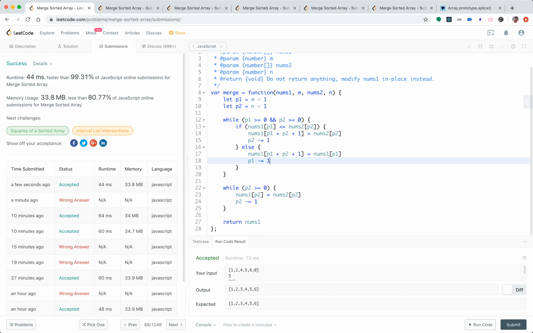There's p plus 0, and the ending condition should be p1 plus p2 should be bigger than 0.